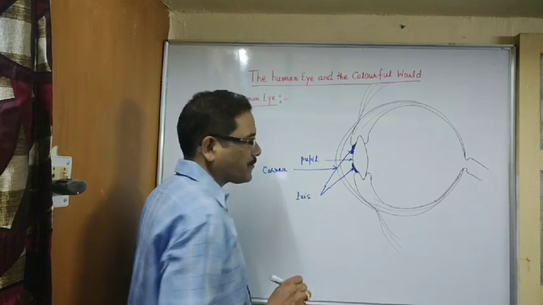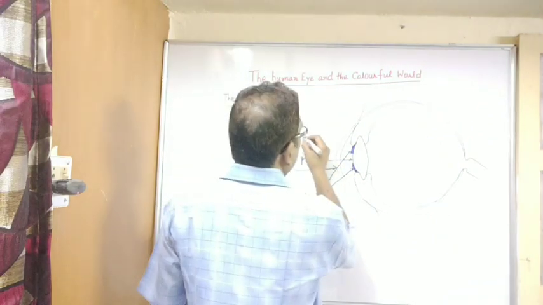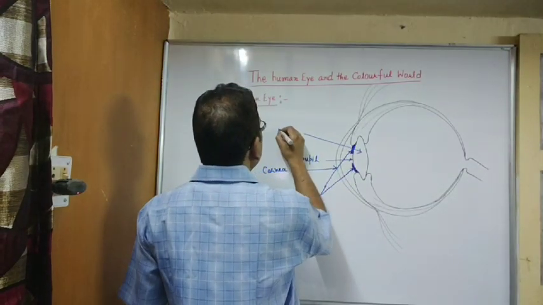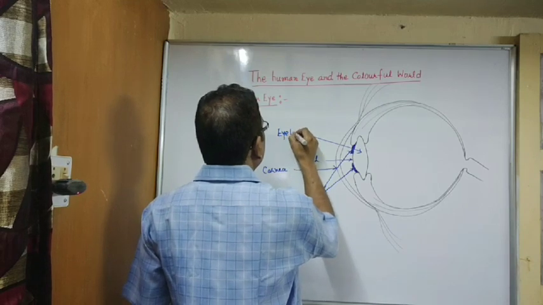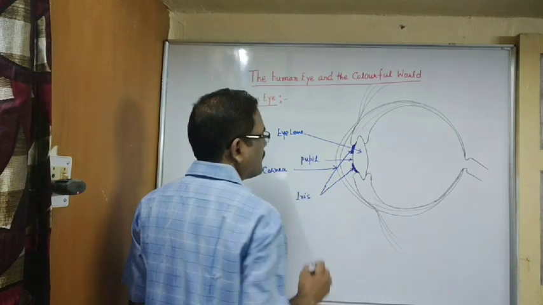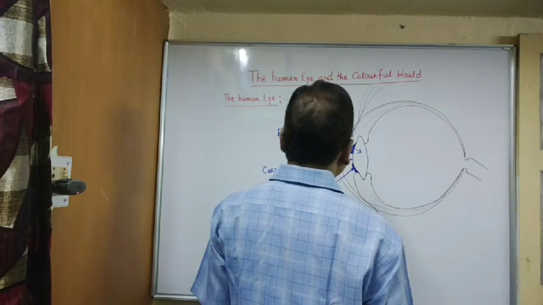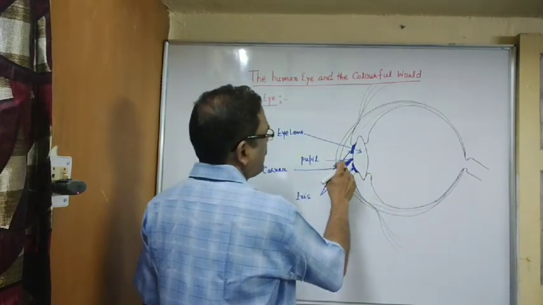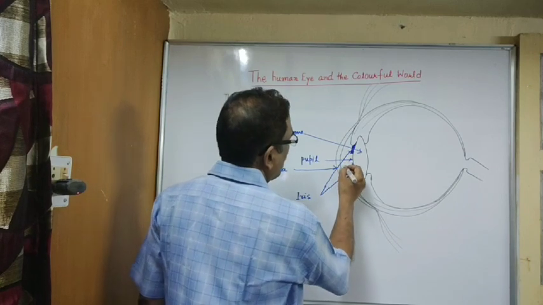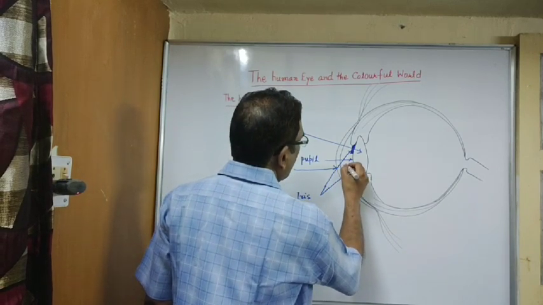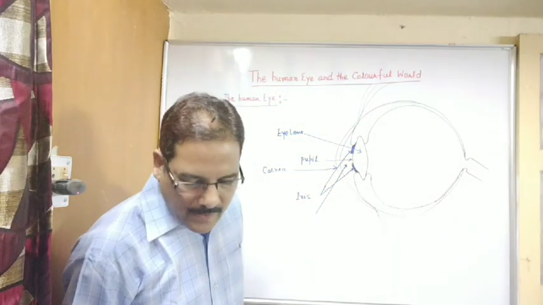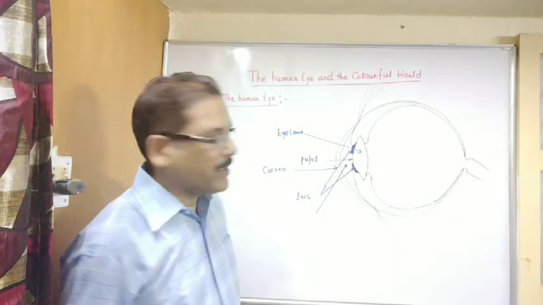And the lens. Then the space between the cornea and the lens is filled with a liquid. This liquid is known as aqueous humor.